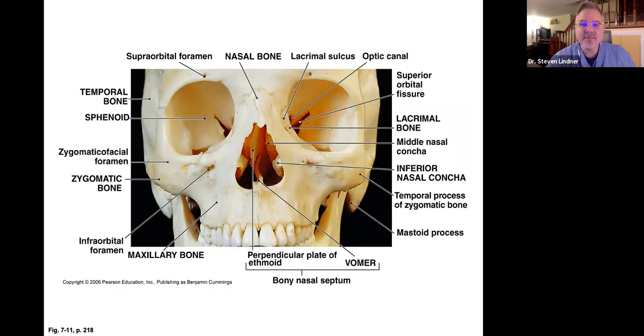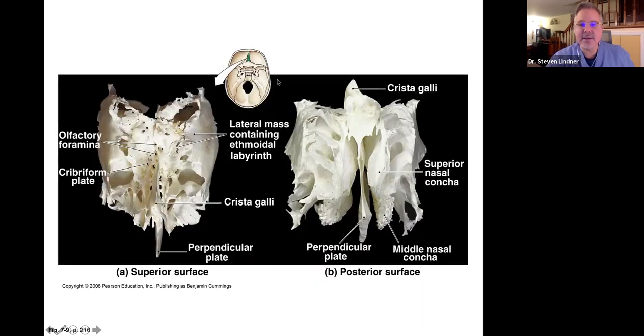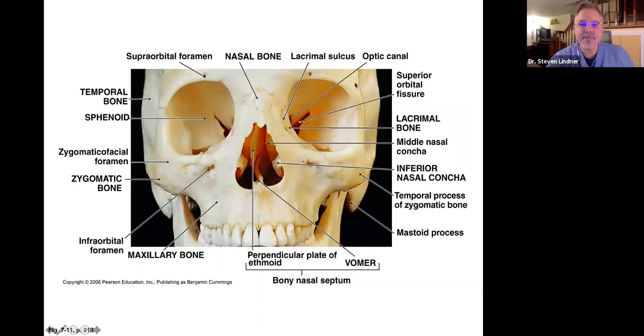So again, here is the vomer. Here is the perpendicular plate. And then right through there would be the crista galli, which would come up through here. Again, here's the perpendicular plate to the crista galli. Here's the eye orbit. Here you can see the superior orbital fissure, here and here.